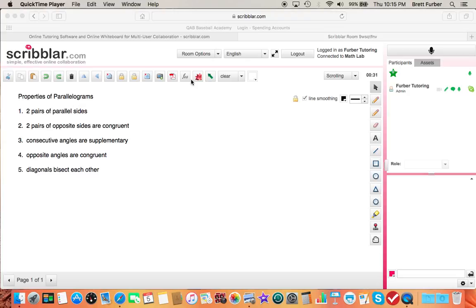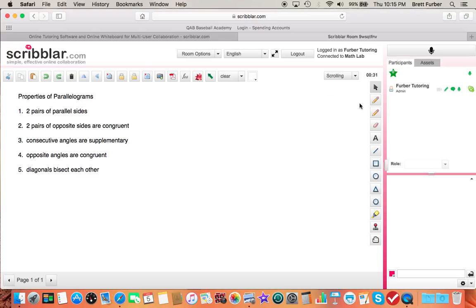Okay, so I'm going to do 3 examples. All right, so the first one is actually example number 2 in your textbook on page 295.